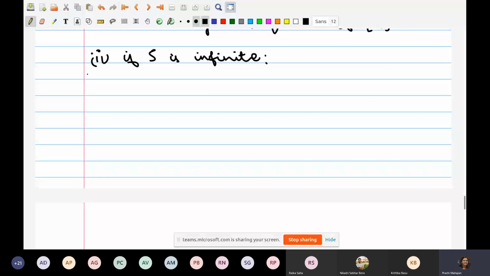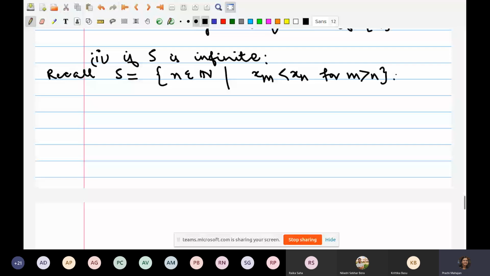S was the set of all those indices n such that x_m is less than x_n for m bigger than n, right? x_n is bigger than any term that follows it in the sequence. Now we are under the assumption that you have an infinite set S. Now what do we do?